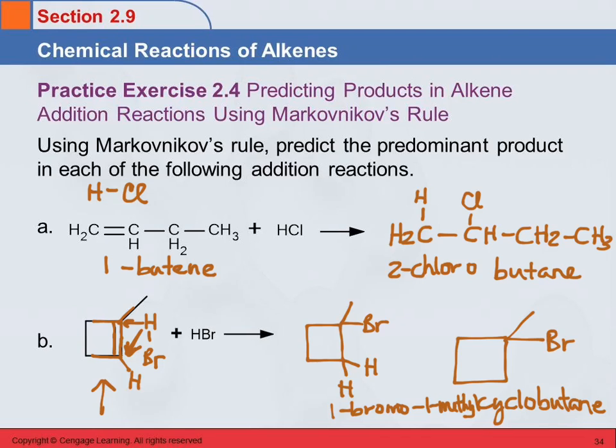Why did you leave the chlorine out of the name? Why did I leave the chlorine out of what? Out of the name? Oh, this is 1-butene, it doesn't have any chlorine in it. This is the reactant. It's reacting with HCl. I was just drawing this guy above, showing him coming in to land.